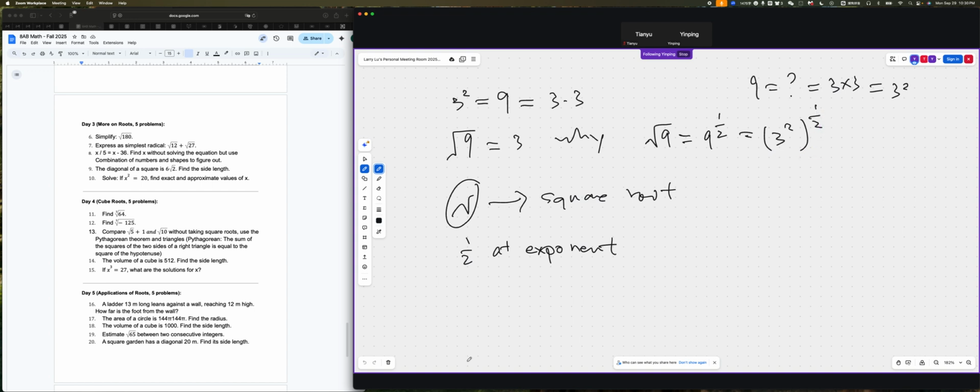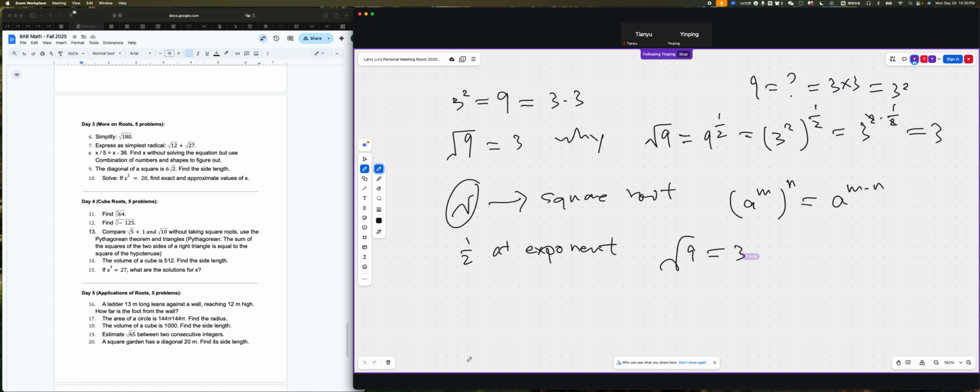Now we just learned a power m, to power n, equals a power m times n. So I have 3 power 2 times half, half cancels, I have 3. So the square root of 9 equal to 3.